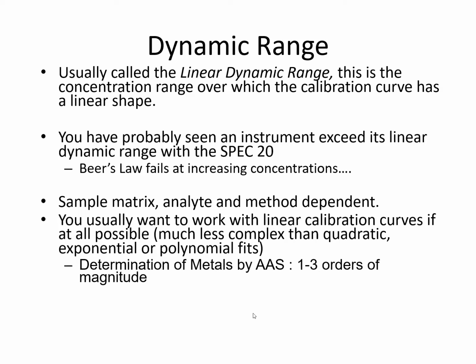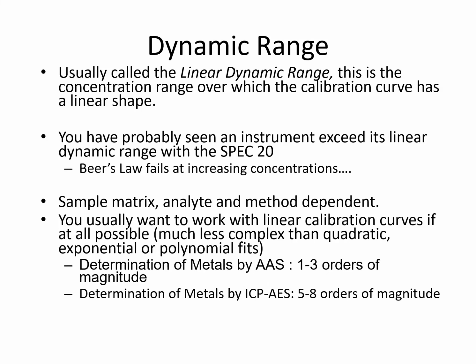So, for example, when we measure the concentration of metals using AAS, usually the linear range is within 1 to 3 orders of magnitude. The lowest concentration to the highest concentration is linear within 1 to 3 orders of magnitude, 1,000 times, usually.